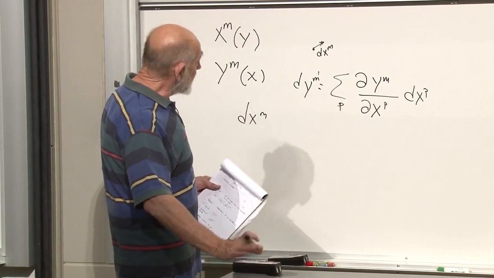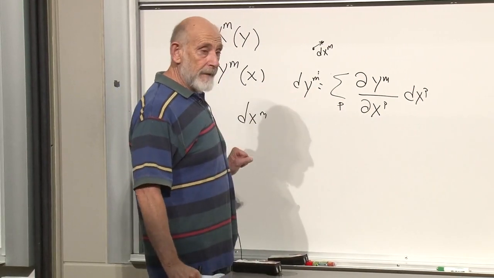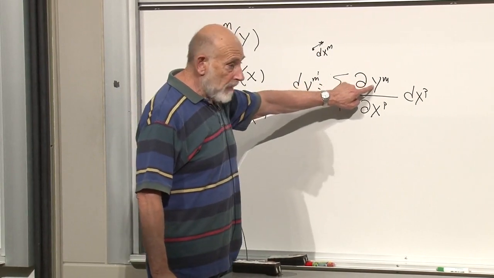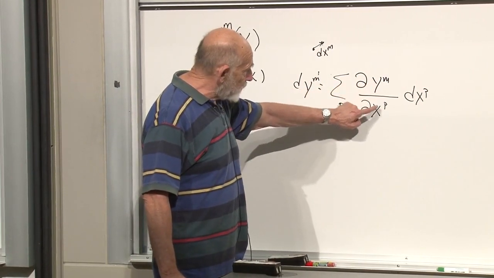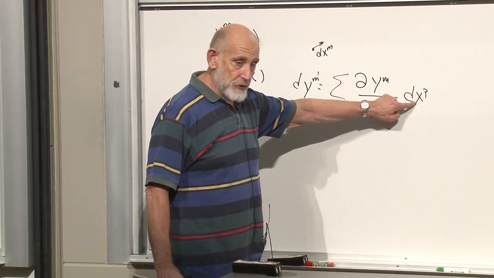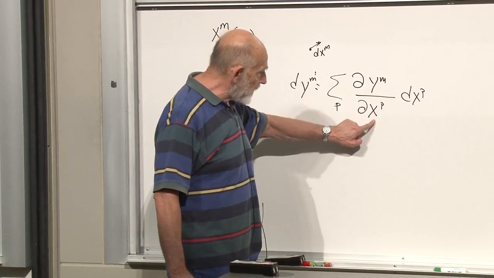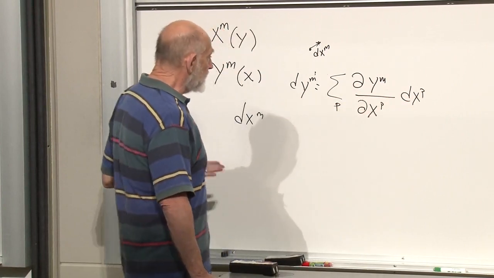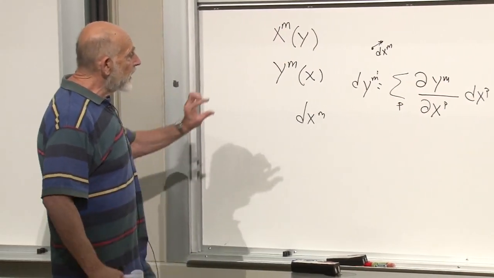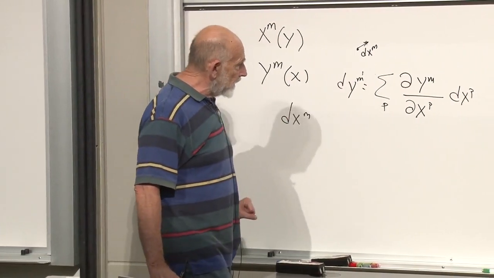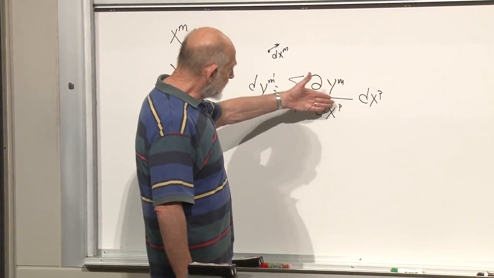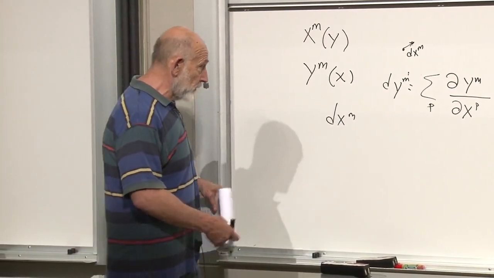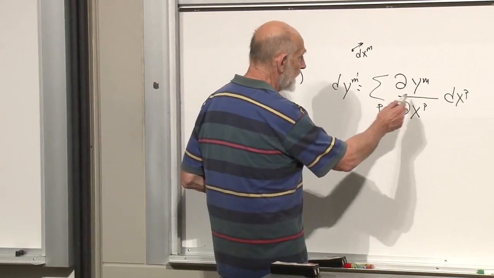This just says that the change in some particular component of y is the sum of the change in y if you change x1 a little bit times a change in x1, plus the change in y if you change x2 a little bit times a change in x2, and so forth. All right, so this is a standard calculus formula, the differential change in a quantity when you change the coordinates from one set of coordinates to another.